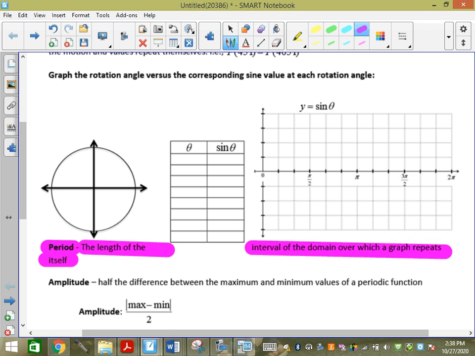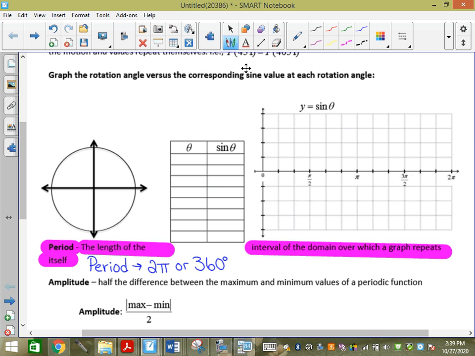And if you look on the x-axis of those graphs I gave you, the x-axis is in radians, right? It could be in degrees as well. So the period of a sine and cos graph that is the parent function is 2 pi or 360 degrees.